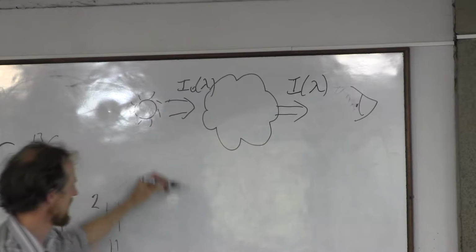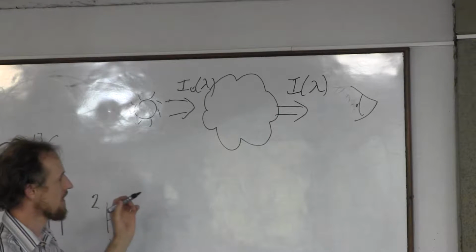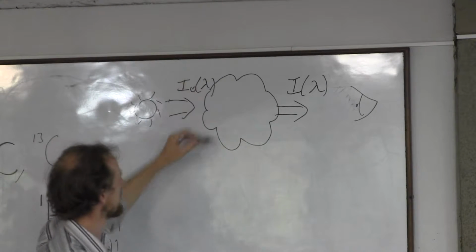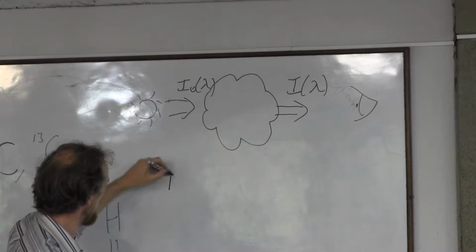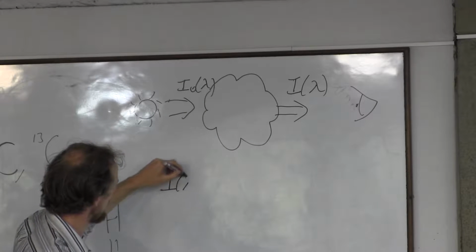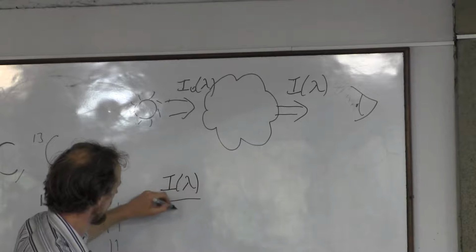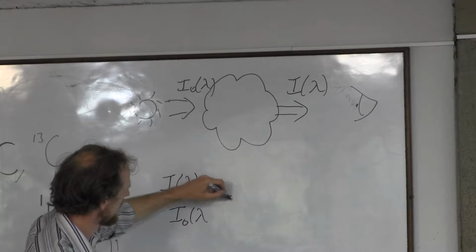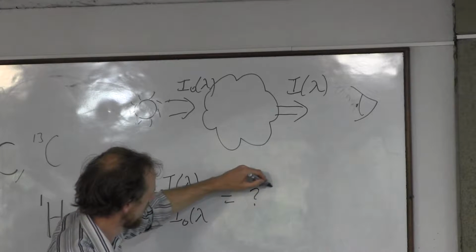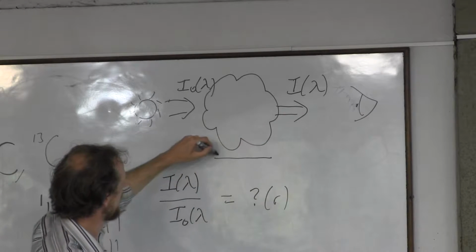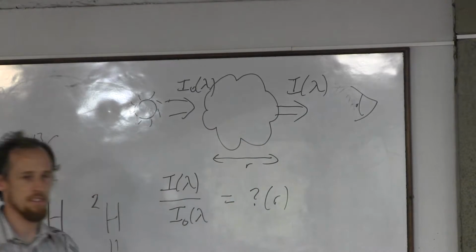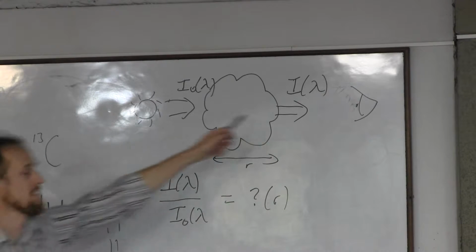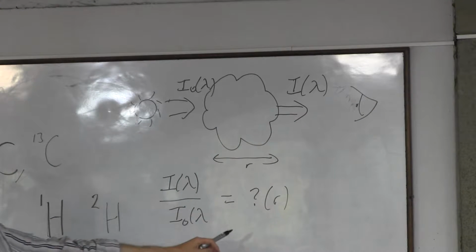What we're interested in is, if you have a bigger and bigger cloud, how does this intensity decrease as a function of wavelength?